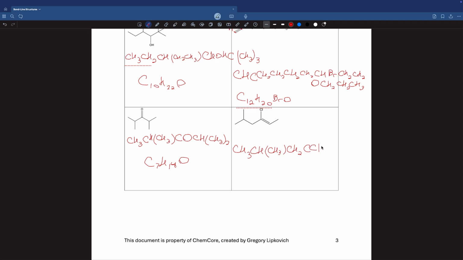We don't really have to draw that in parentheses because there's just one letter, but sometimes you can. And then the next carbon has 3 bonds drawn, so 1 hydrogen, and then another carbon, CH3, terminal. And if we counted up all our carbons, hydrogens, and chlorines, we should get C7, H13, Cl.